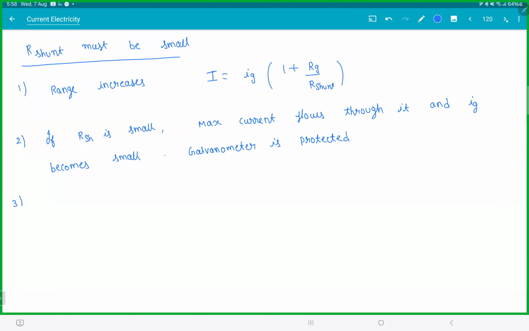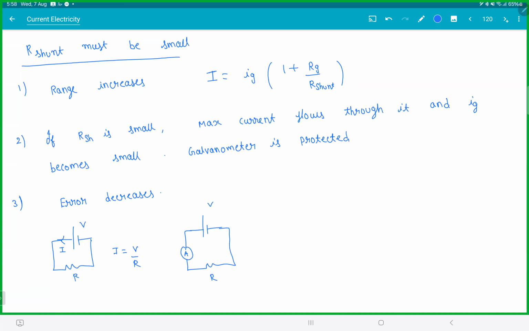Third, error decreases. So let's say you have a battery and a resistance. Technically speaking, the current I should be V by R. Now, because you wanted to measure this, you went and brought an ammeter and kept it in series.